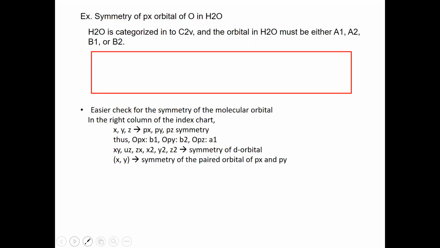So H2O is categorized into the C2V group, same as SO2. So the molecular orbitals in H2O must be one of A1 or A2 or B1 or B2, right?